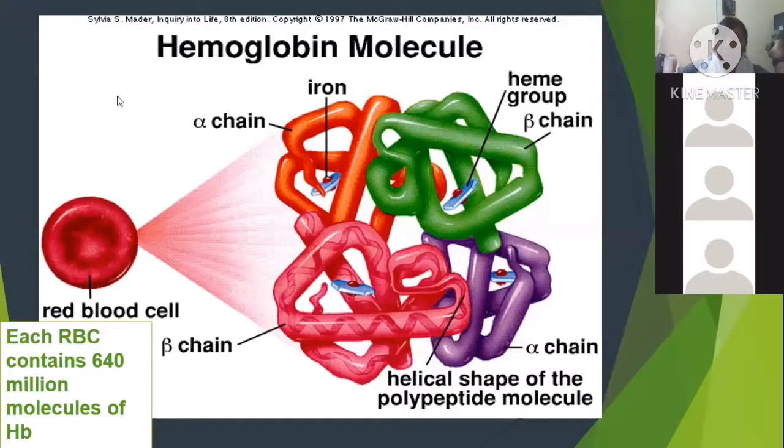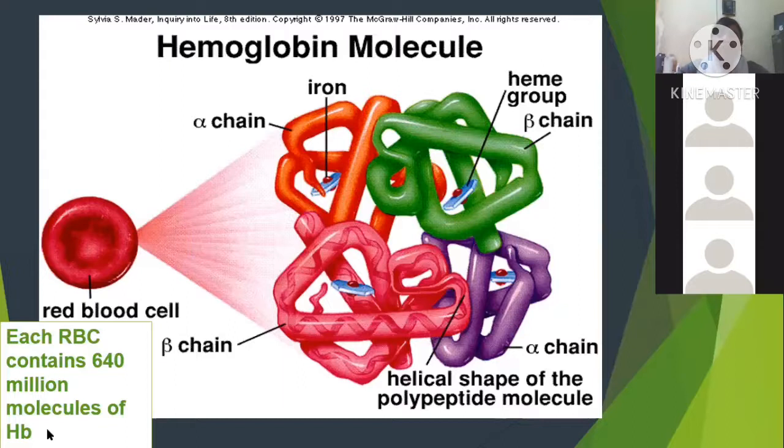Okay, so this is the structure of hemoglobin. Hemoglobin, as you know, is present in the red blood cells, the RBC. Each RBC contains around 640 million molecules of hemoglobin.